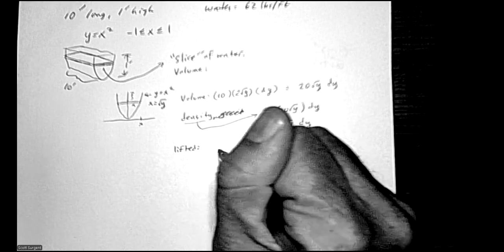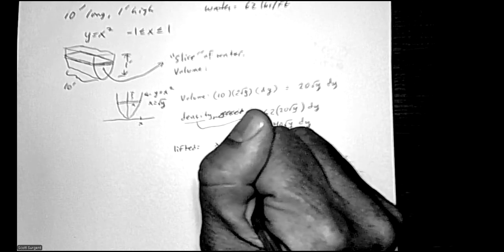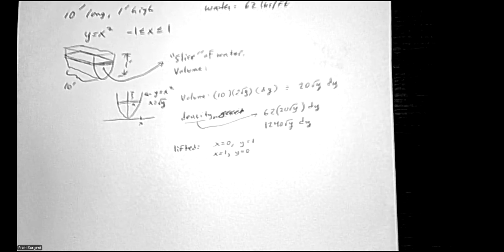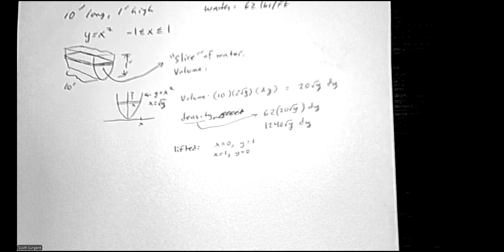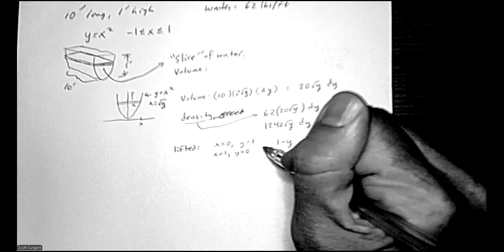Here's what I do: when x is 0, y is 1, and when x is 1, y is 0. So I'm trying to come up with a formula that looks like 1 minus y.